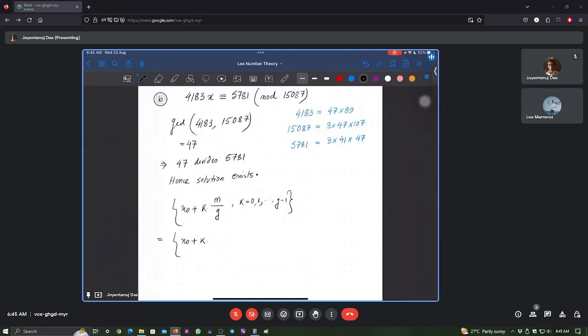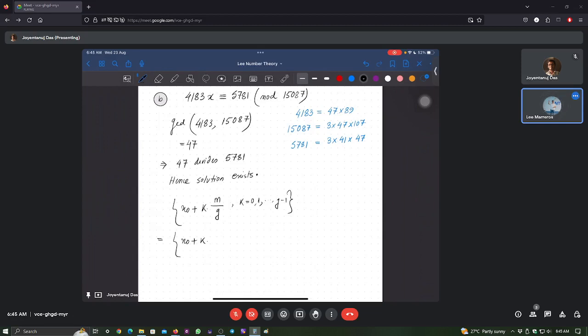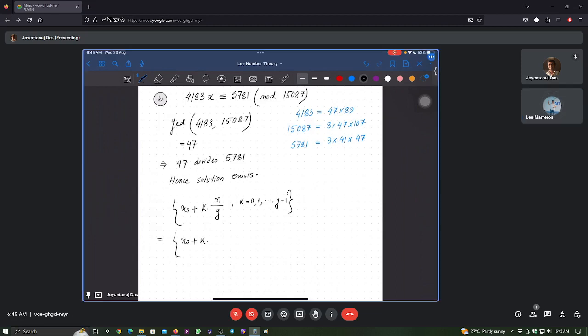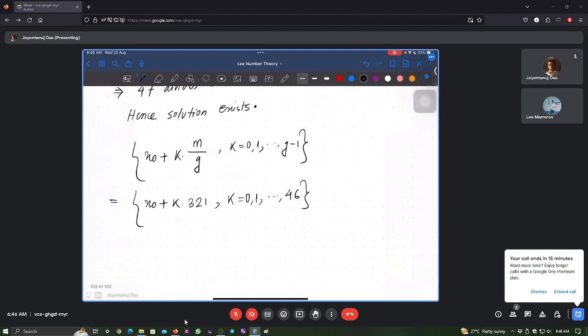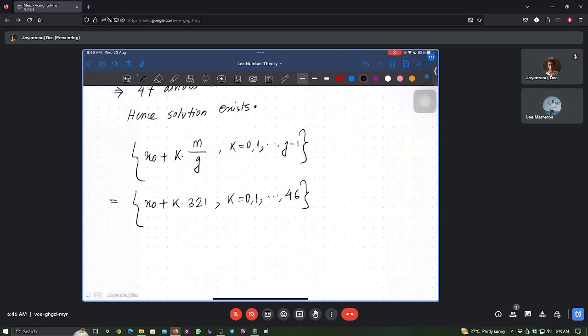So m by g is 3 times 107, which is 321. So k is 0, 1, up to 46, since g is 47. So there will be 47 solutions, right?